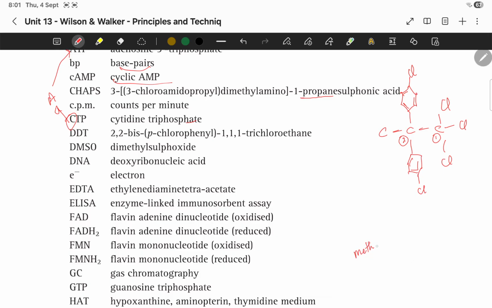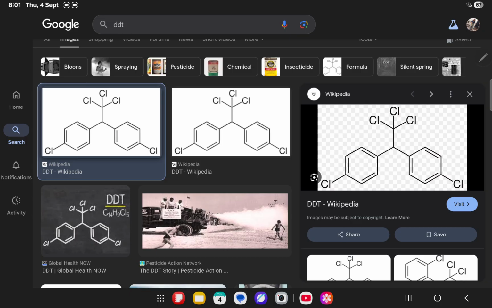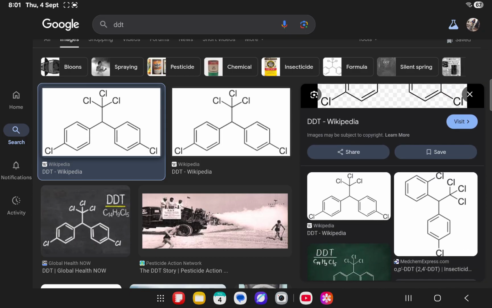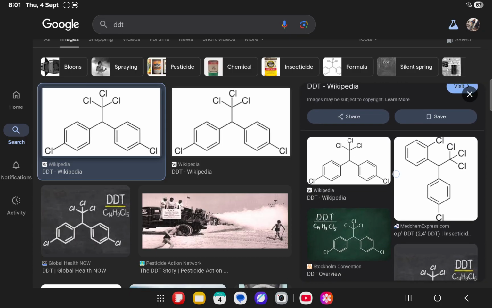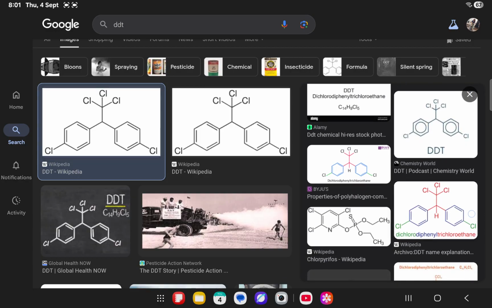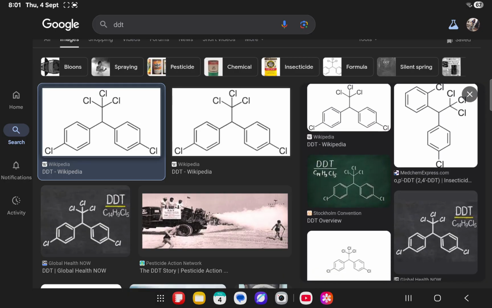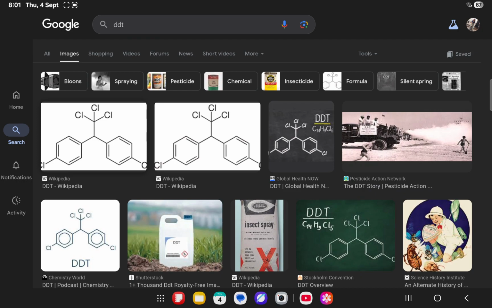Methane, ethane, propane, butane. So I thought this one was propane; there should be 3 carbons. Why are there no 3 carbons? Why is there a shortage of carbon? Oh god.